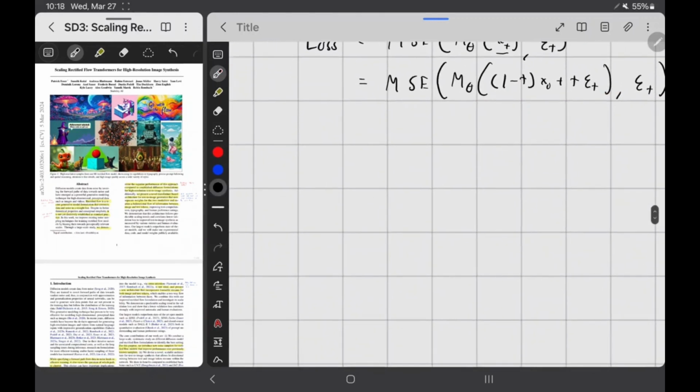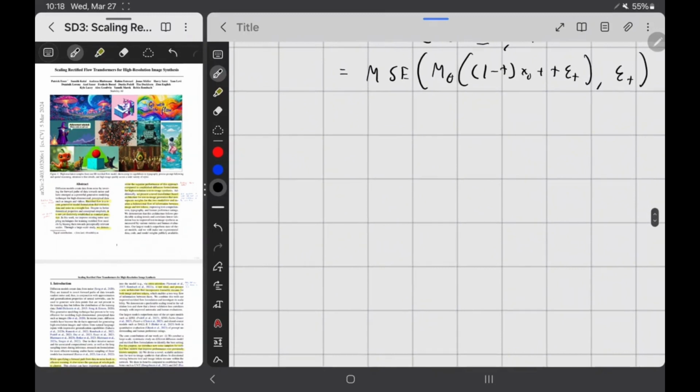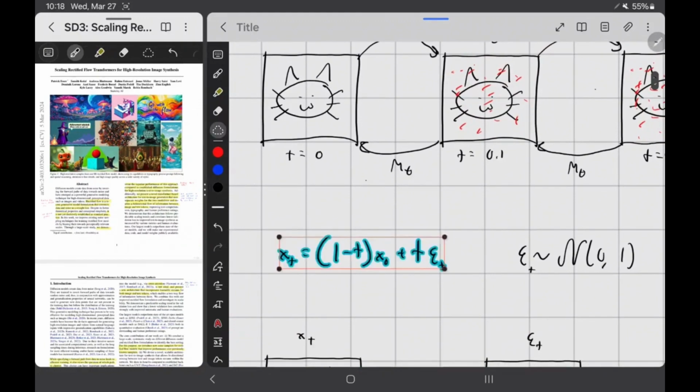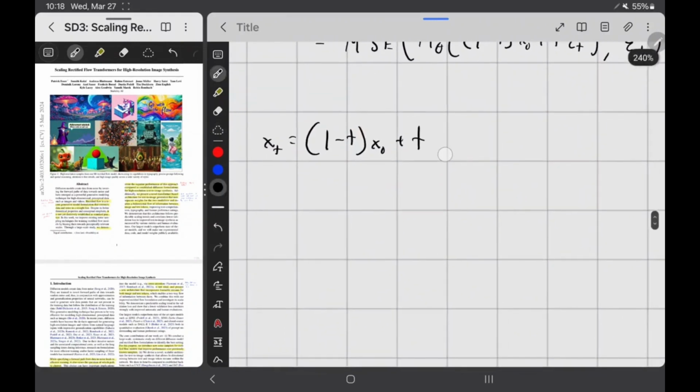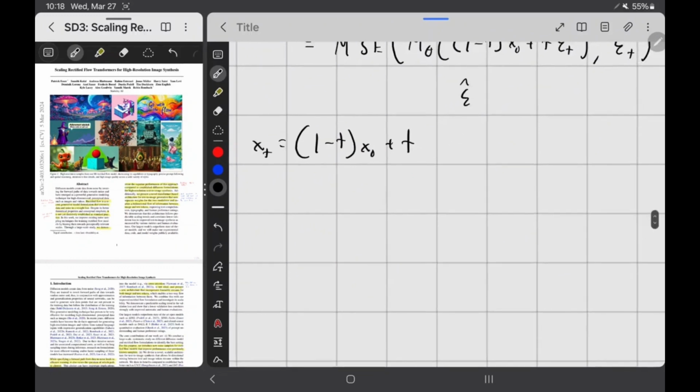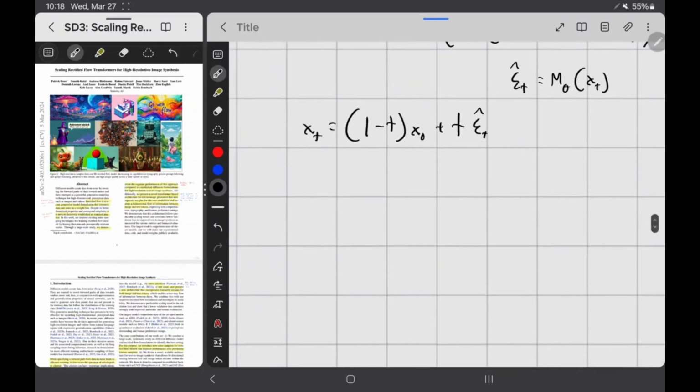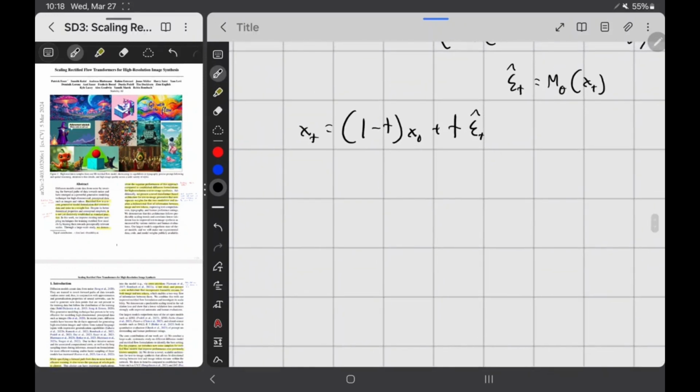Now, assuming we have a model that does this, we can easily get x0. We just take this formula here, and assuming we have a model that learns a reasonable function, we can replace this epsilon t with epsilon hat t equal to m theta of xt. We want to get the original image back out, and we can do this by just rearranging the equation: xt minus t epsilon hat t.